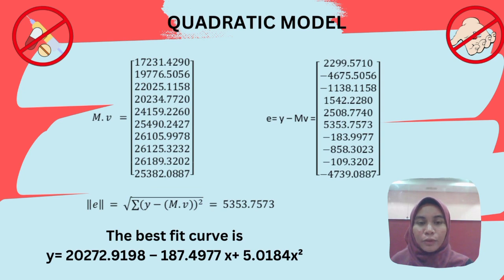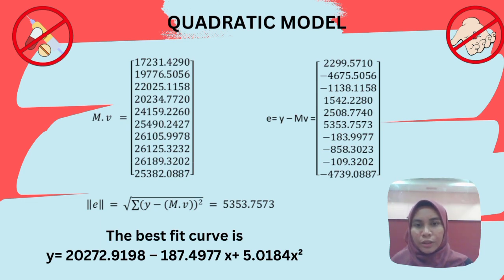After we get the answer from formula v, we get the values of a, b and c. We substitute them into the equation of the best fit curve, which is y equal to 20272.9198 minus 187.4977x plus 5.0184x squared. After that, we find the error vector using the formula y minus mv.